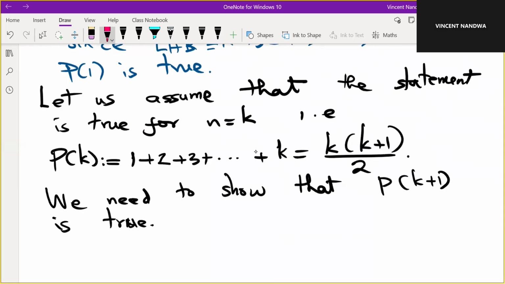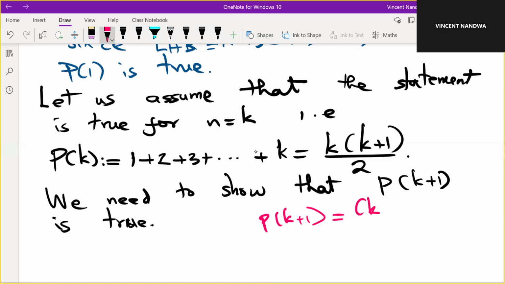So if P of k is k into k plus 1 over 2, what do you expect P of k plus 1 to be? The role of k is taken by k plus 1.